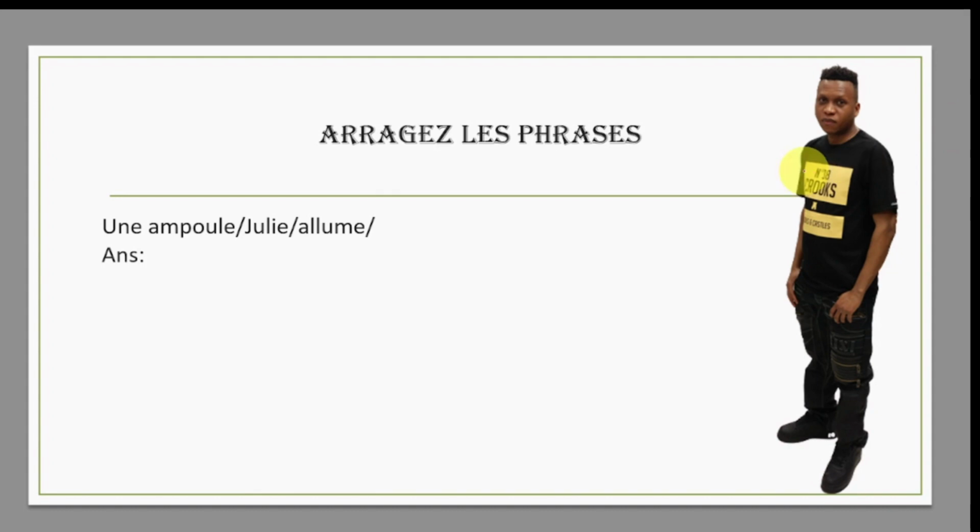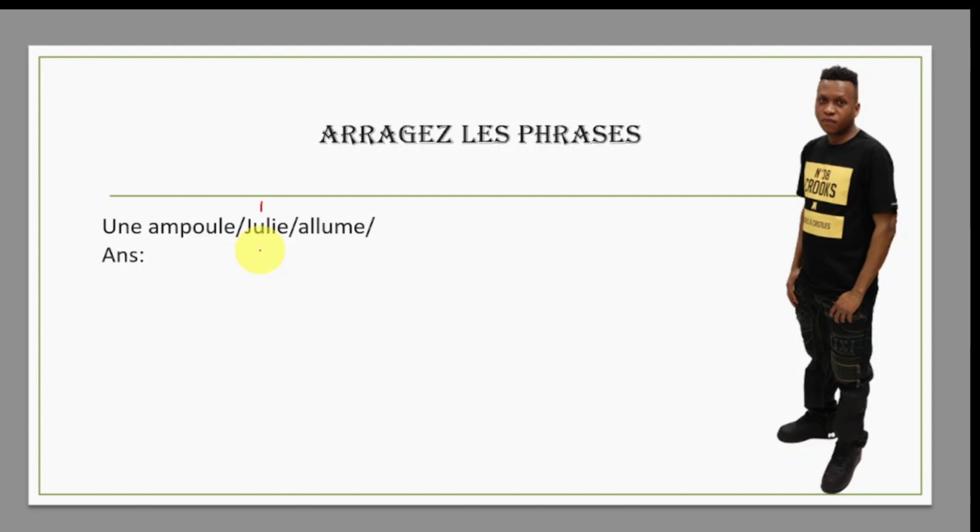You want to come here. Une ampoule, gilet, allumé. If you take a look, gilet is the subject. So, we need the verb.